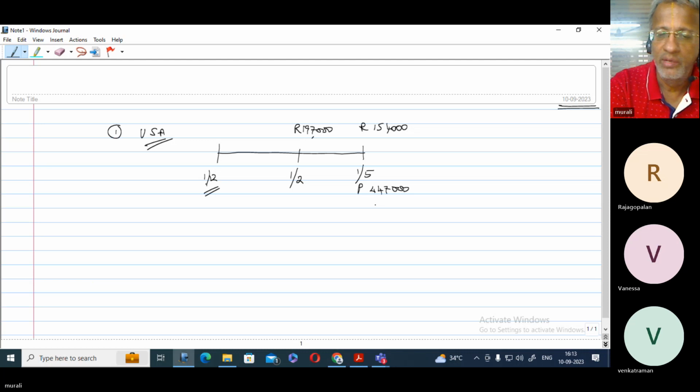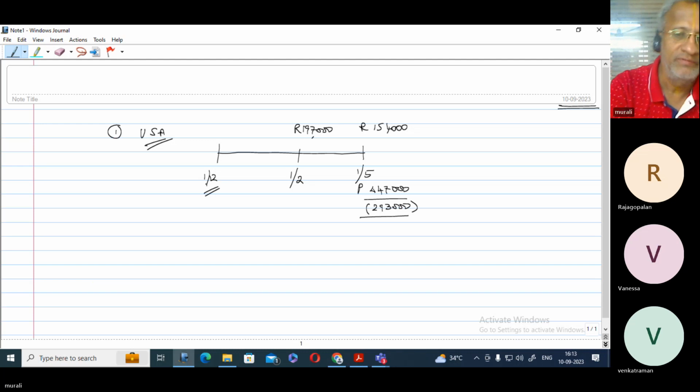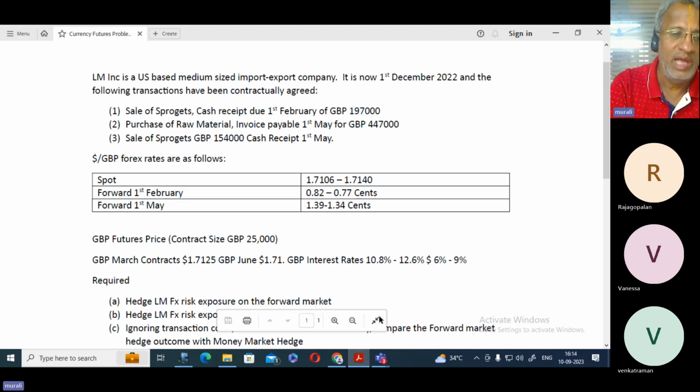So any prudent businessman would like to take up only the net exposure, regardless of whether you are using forward or money market hedging or futures, right? So 154 to be deducted from 447. It comes to 293 GBP net, which will result in an outflow. Correct. This is what firstly we should have in mind.